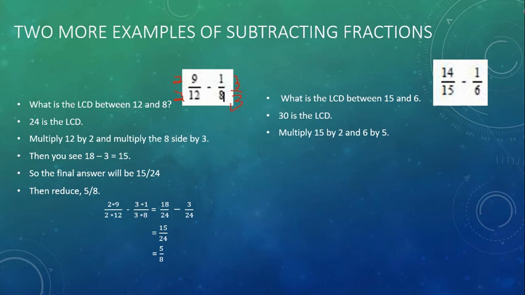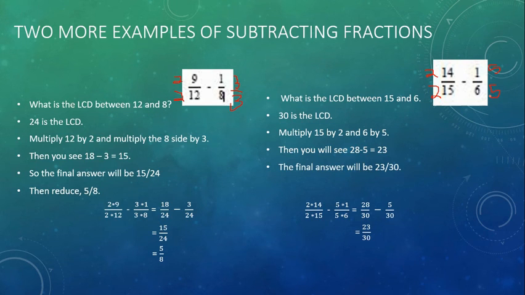So again, remember that we're going to have to multiply the 15 side by 2 on the tops and the bottoms, and the 6 side will have to be multiplied by 5's. Once we do that, notice we'll get 28 over 30 minus 5 over 30, which will then give us 23 over 30, and that is the final answer because 23 over 30 cannot be reduced.